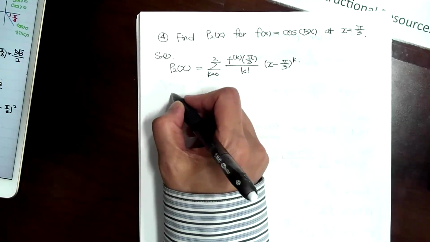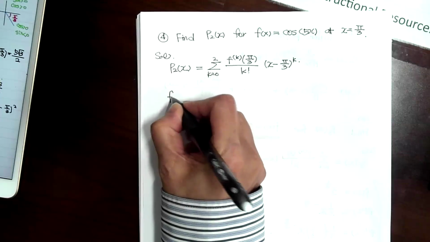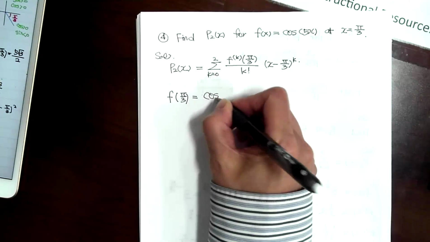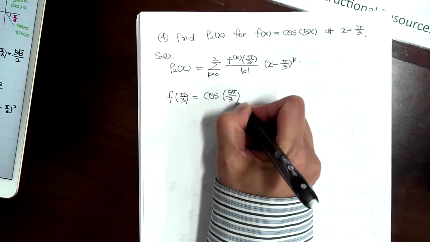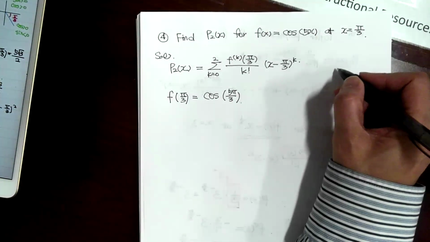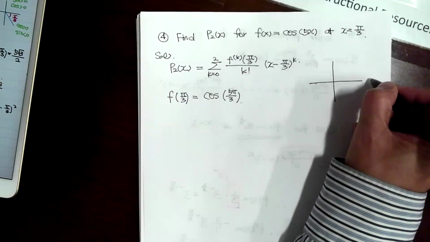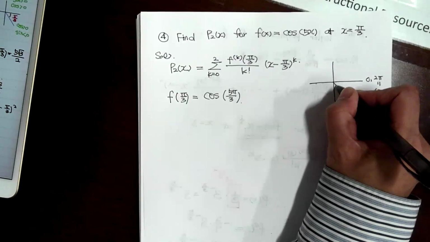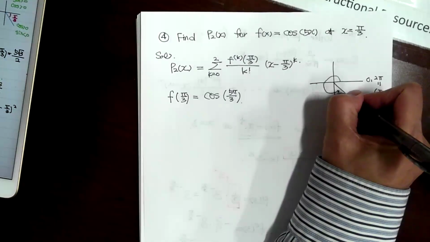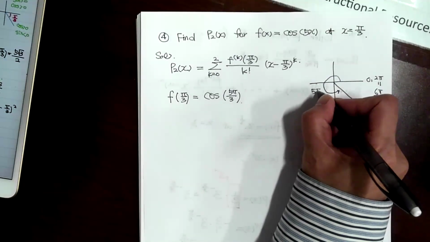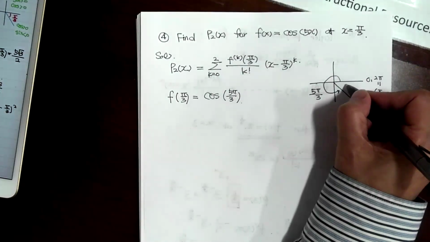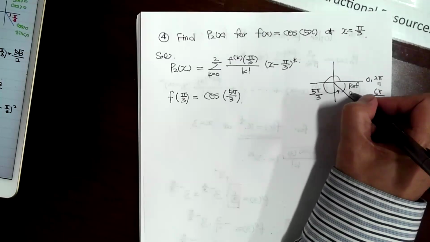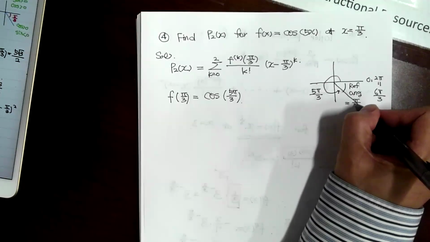So we start by evaluating at pi over 3, so that's cosine of 5 pi over 3. What is this? 5 pi over 3 lies between 0 and 2 pi, which is 6 pi over 3. 5 pi over 3 is in the fourth quadrant, and the reference angle is pi over 3.